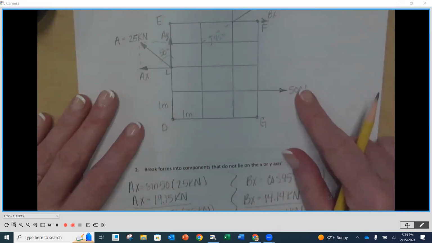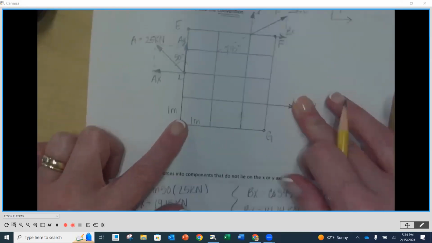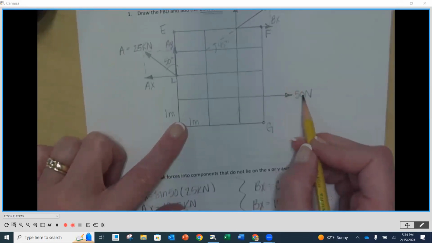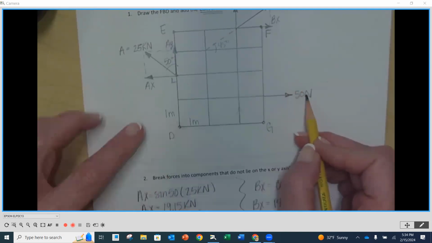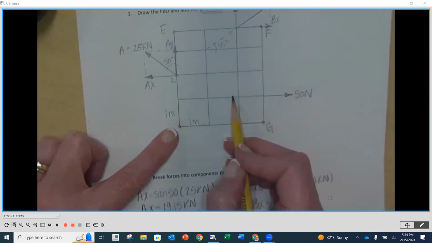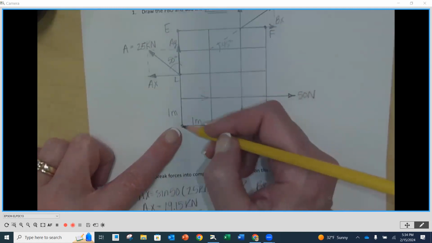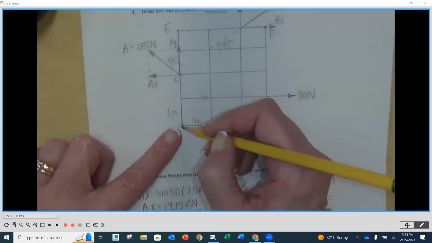And I've got 50. I'm going to put my finger on D, pull on 50, causes rotation, so it will be included. So I'm going to take my 50 newtons as my magnitude, and I'm going to determine its radius or its perpendicular distance. If I pull it back, I can do that very same thing here, and it's going to be 1 meter is going to be the distance.